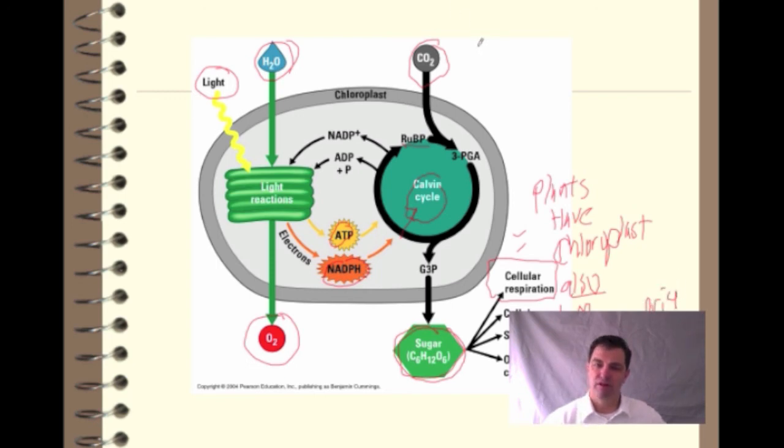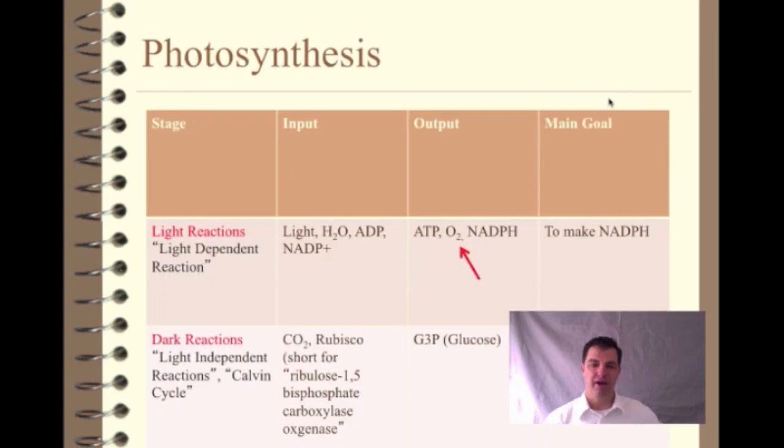They have both. Very important. People think plants have just the chloroplasts and they don't have mitochondria. What happens is you make the glucose, but to break the glucose down, you still need to do cellular respiration. So plants also do cellular respiration in order to make ATP from that.